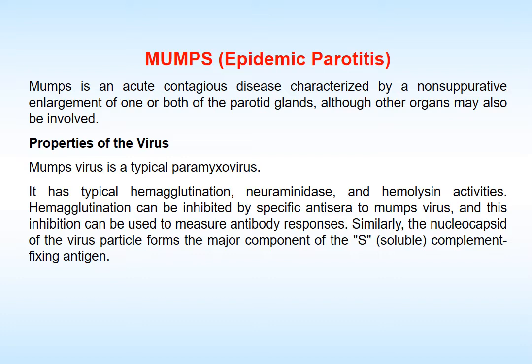Hemagglutination can be inhibited by specific antibodies to mumps virus, and this inhibition can be used to measure antibody responses. Similarly, the nucleocapsid of the virus particle forms the main component of the S soluble complement fixing antigen.